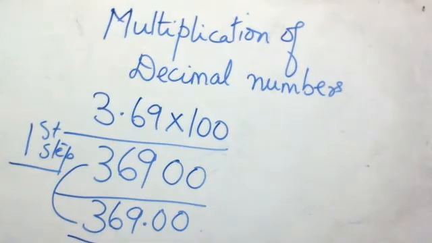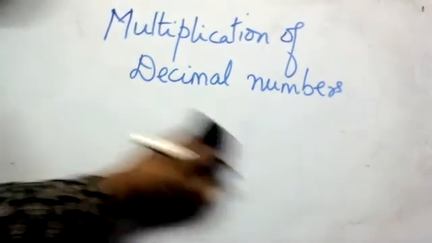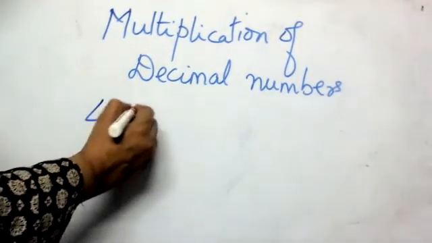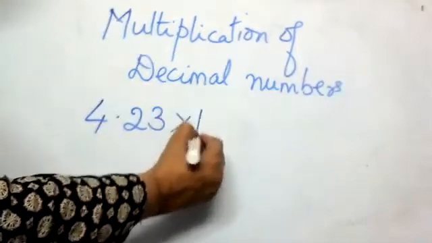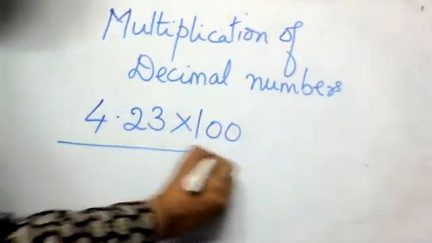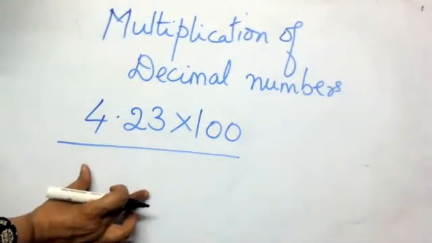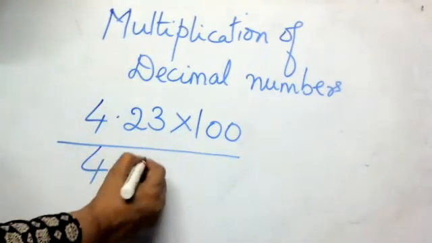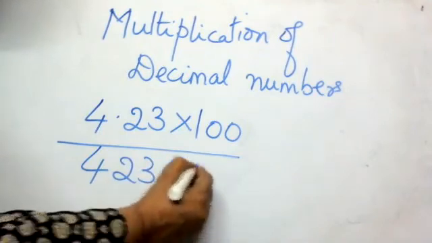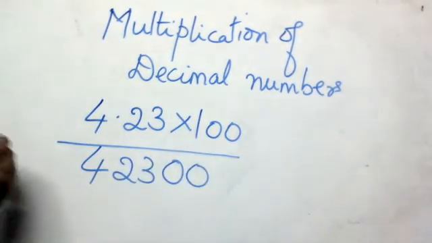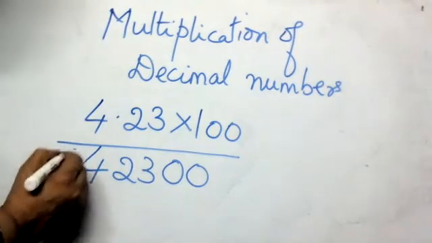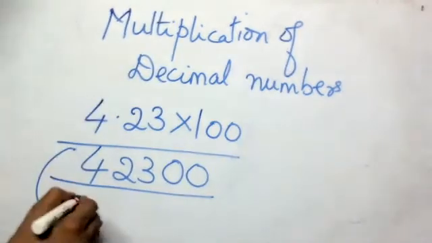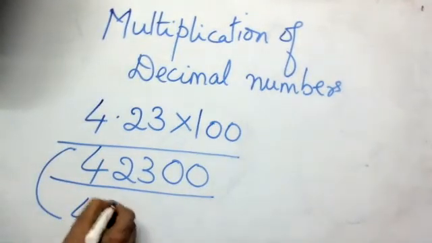Okay. Once more we will try. 4.23 into 100. So first step, write down the number without the decimal. The second step is called the decimal placing step. So where do we have to put the decimal?